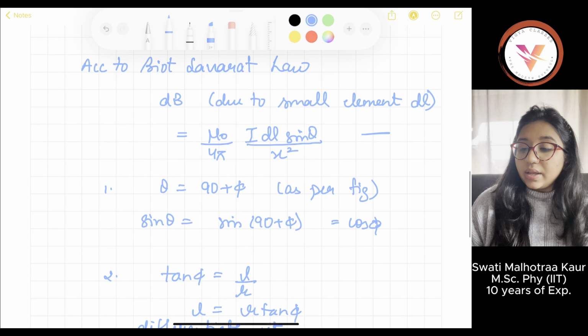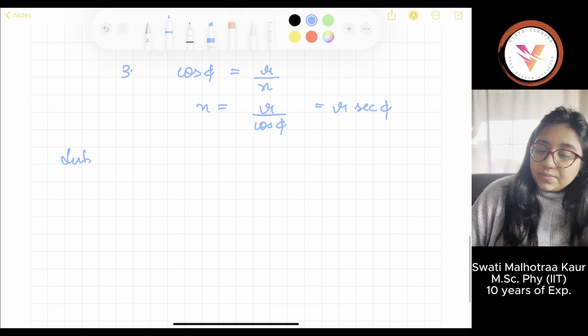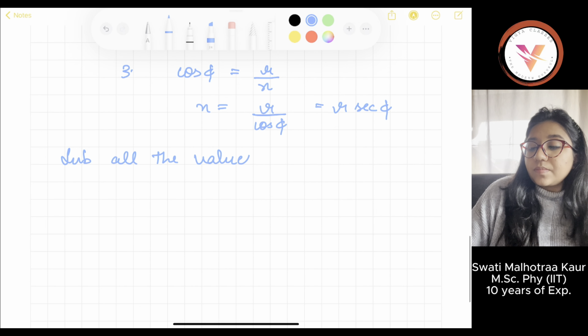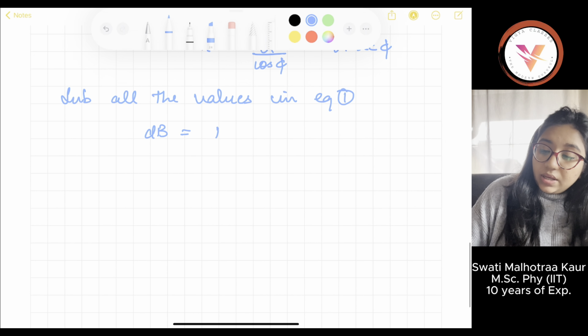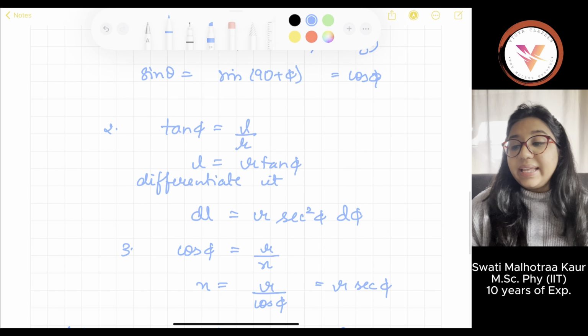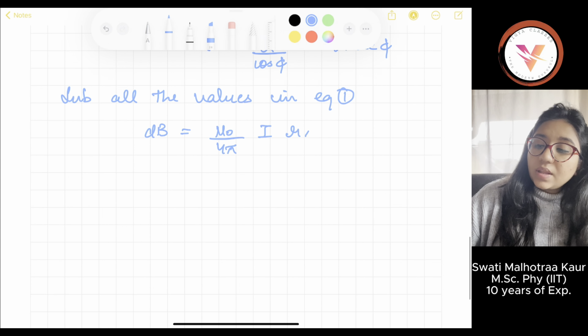Now you can substitute the values in equation 1, where we have x square. So substitute all the values in equation 1 and you get dB as mu naught over 4 pi I. dl can be written as R sec square phi d phi.